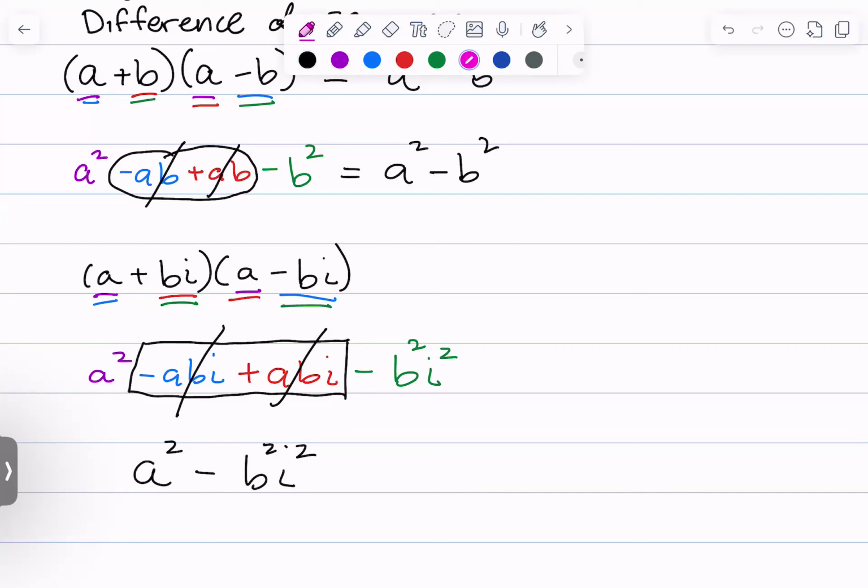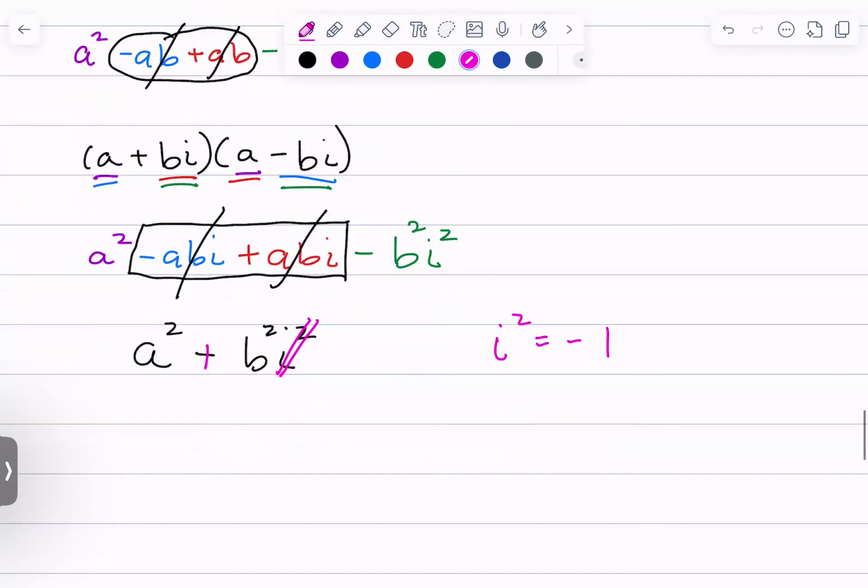Negative 1, right? i squared, remember, equals negative 1. So I'm going to take that away. I'm going to make this a plus, to switch up the sign. So we're left with a squared plus b squared.